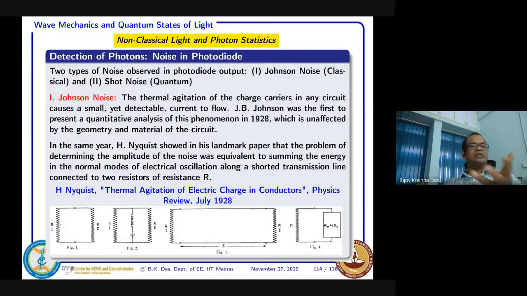A resistor means some conductor basically, some resistance is there. So thermal agitation of electrons will be there. You can imagine that because of this thermal agitation, some kind of electromotive force will be generated, and then that electromotive force will create some kind of current in the circuit.